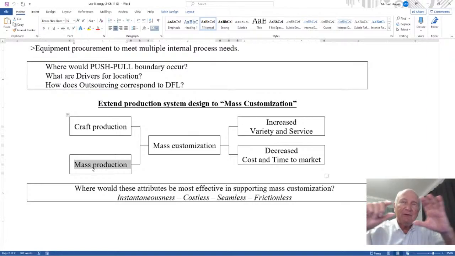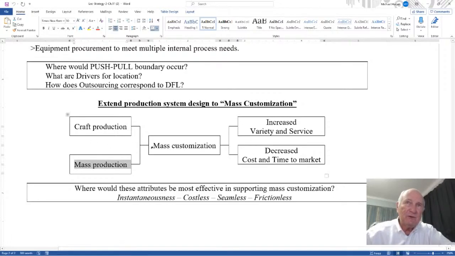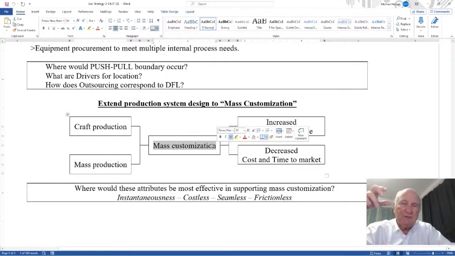So then what happened in the last part of last century is that you began to combine these two, something called mass customization. So the production became sophisticated, technology became sophisticated, that you could not only mass produce them, but you can mass produce customized. And so you can shift with computer-aided design, computer-aided manufacturing. You can mass produce customized products.